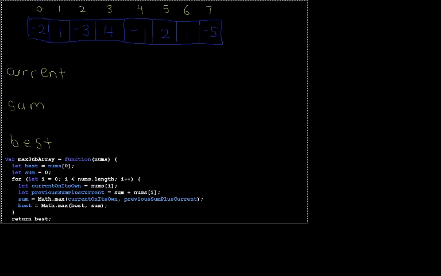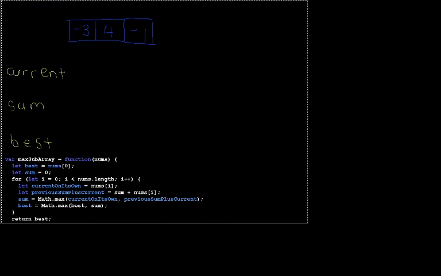Before we do that, let's look at some other examples of subarrays. It could be that you have a subarray like -3, 4, -1, in which case you probably just want to focus on the value here that's 4.